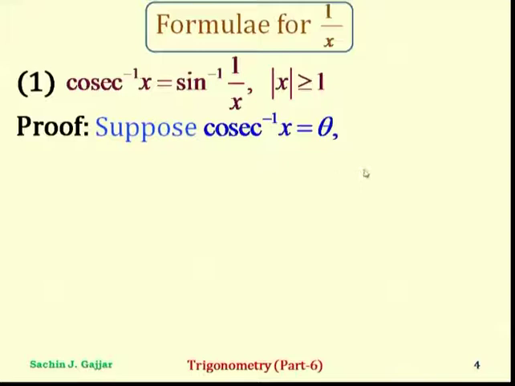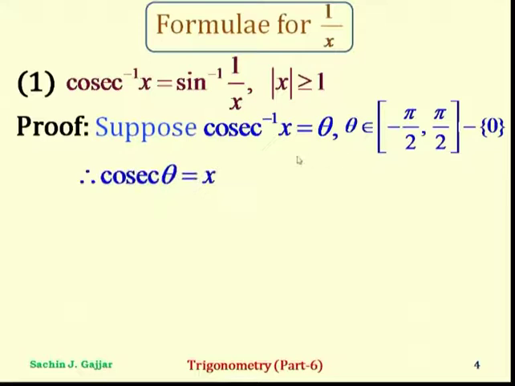Now where is theta? Theta belongs to the closed interval minus pi by 2 to plus pi by 2 minus 0. Therefore cosec theta equal to x. By the definition of inverse function, cosec inverse x equal to theta, then cosec theta equal to x.